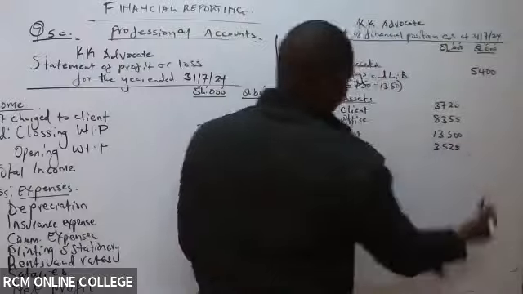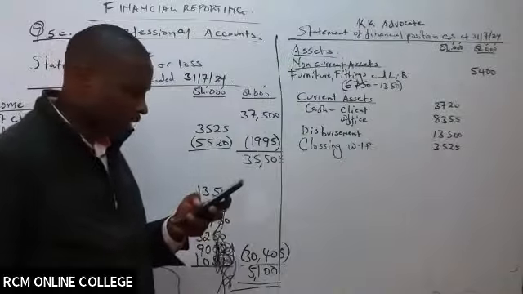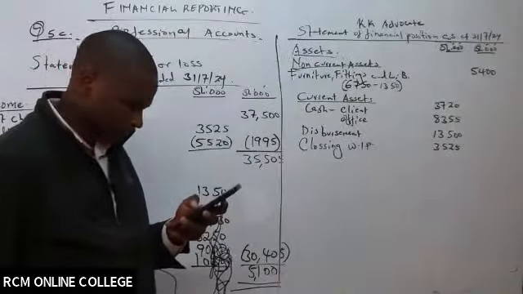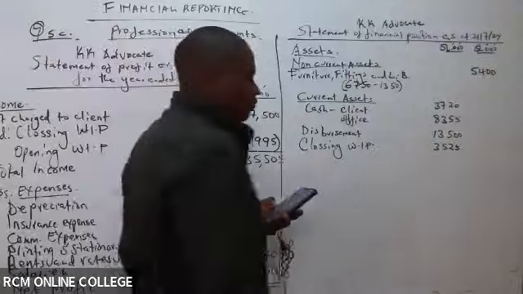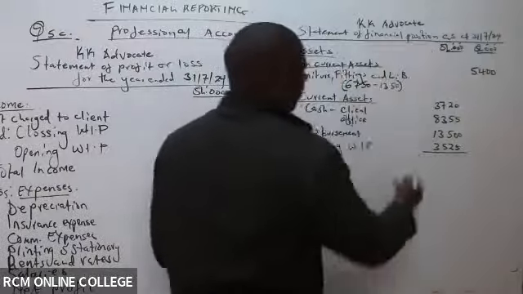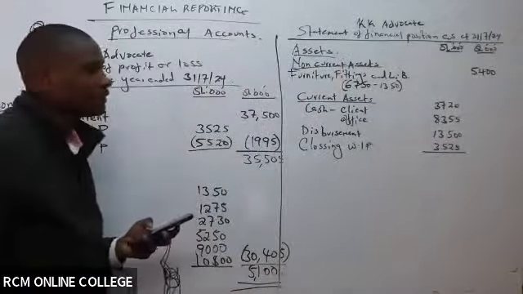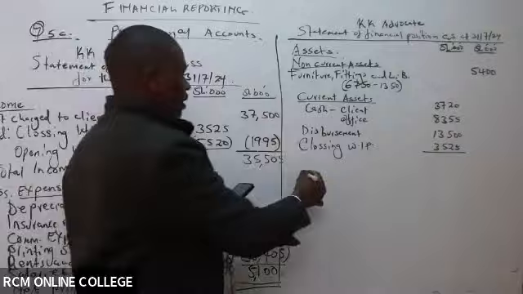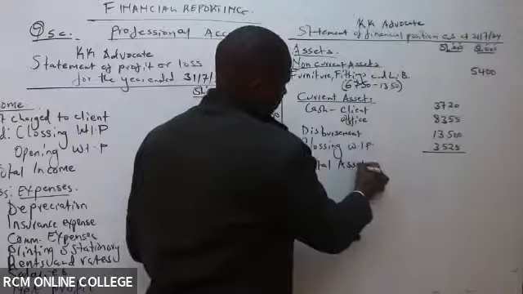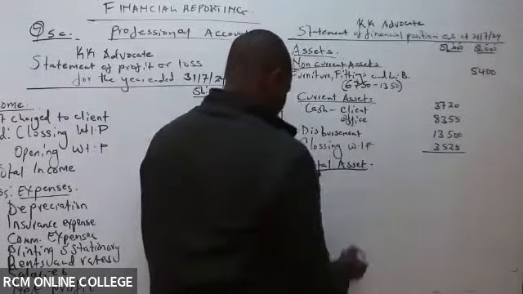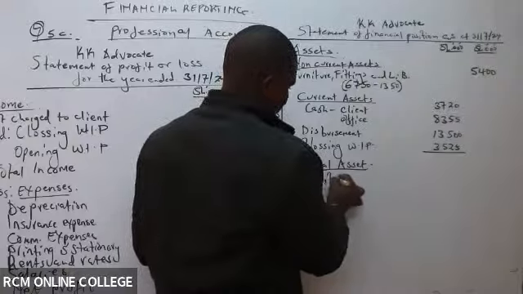Do we have any other current asset? Any other current asset that you can identify from this question? I think those were the assets that we had. Can you add them? Add all these with the total current asset so that we are able to get the total asset here.